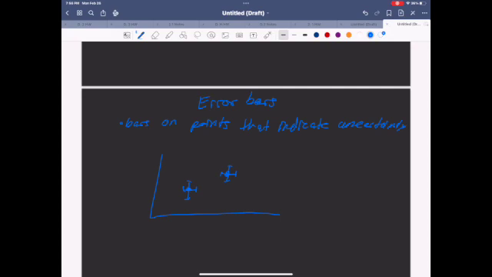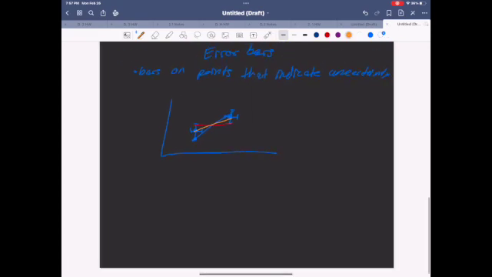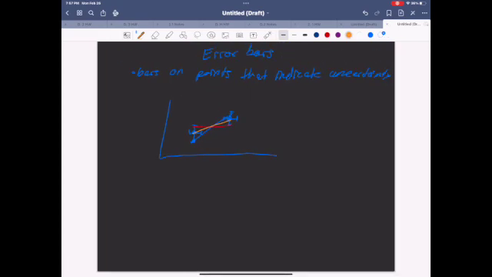Those are two points with error bars attached to them. If you were to draw the line of best fit, you would want the slope to pass through all ranges of that. So there would be two lines of best fit, one passing through every single point, and then one passing through the upper bound and the lower bound. That's it for error bars.